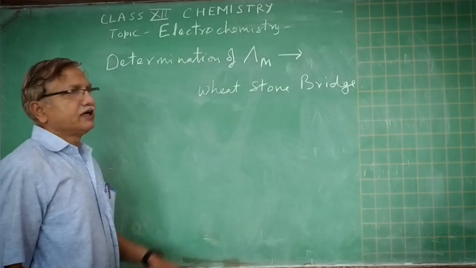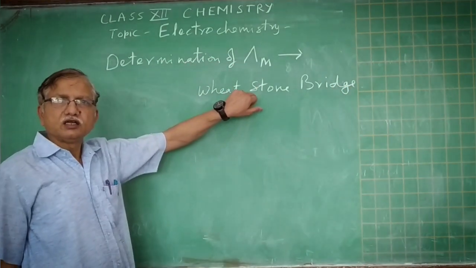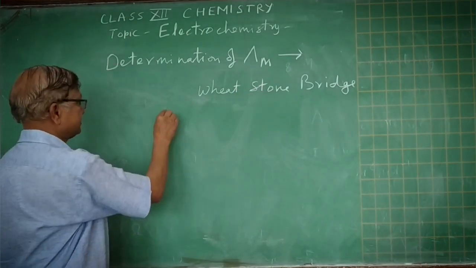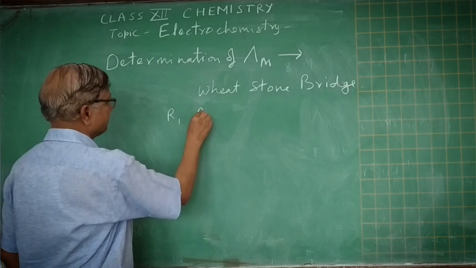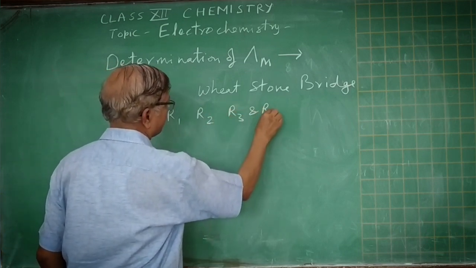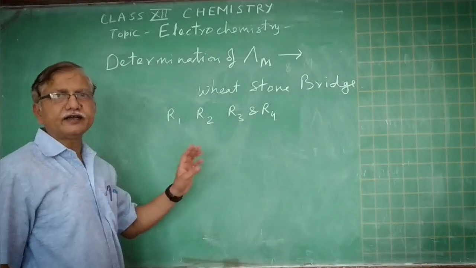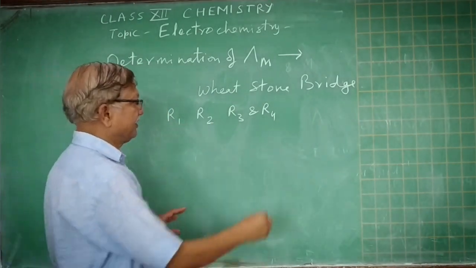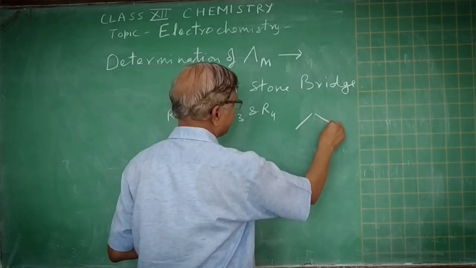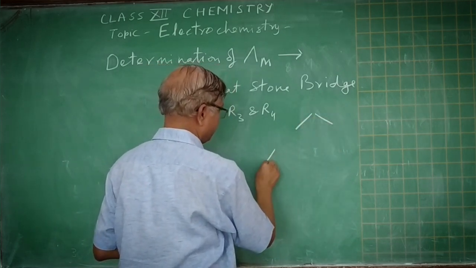According to the Wheatstone bridge principle, there are four resistors R1, R2, R3 and R4 connected in a specific manner with a galvanometer. Now I am drawing the diagram of the Wheatstone bridge principle.